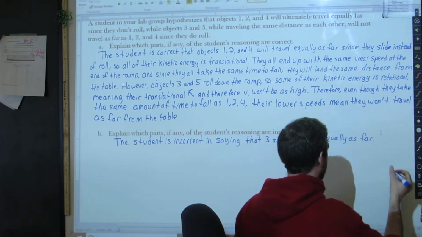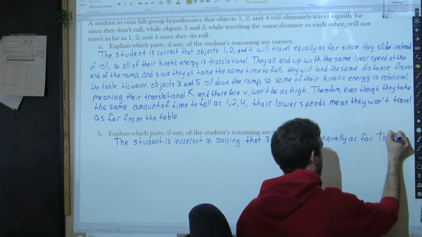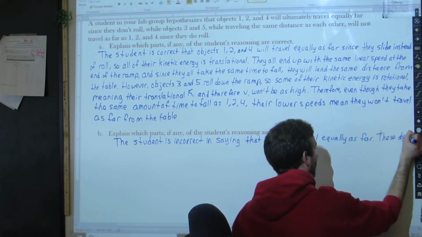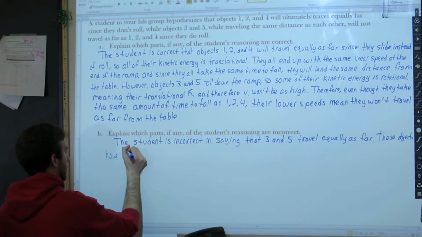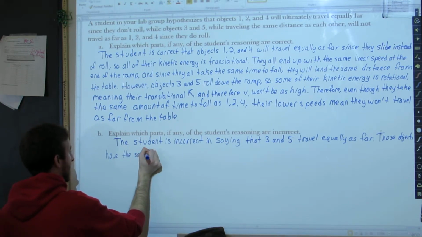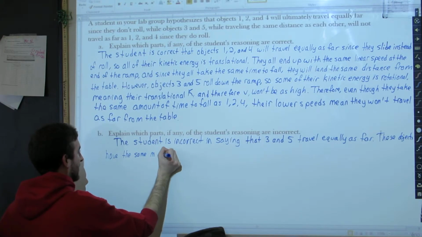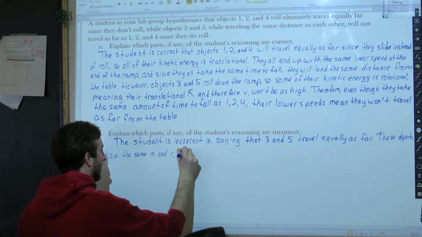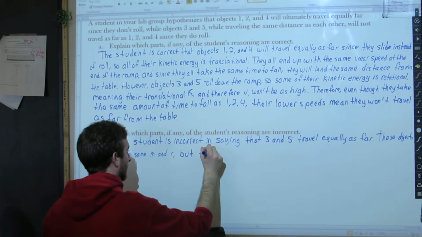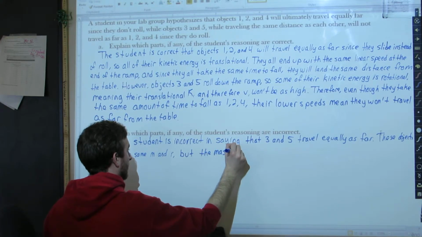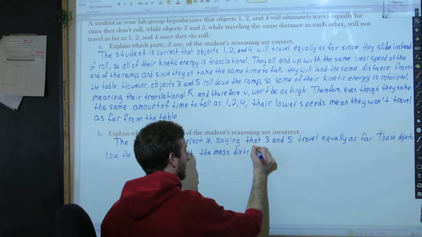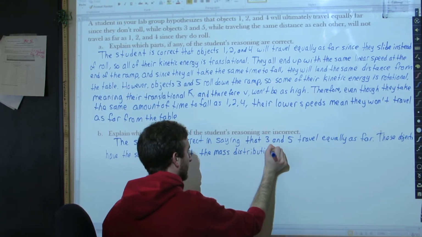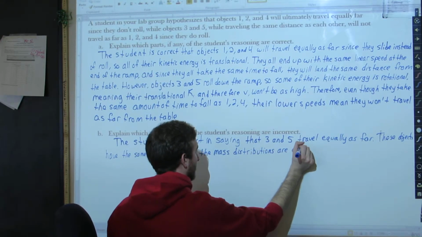The reason it's not true: these objects do have the same mass and the same radius, but they do not have the same shape. A fancy way of saying that is the mass distributions are different.